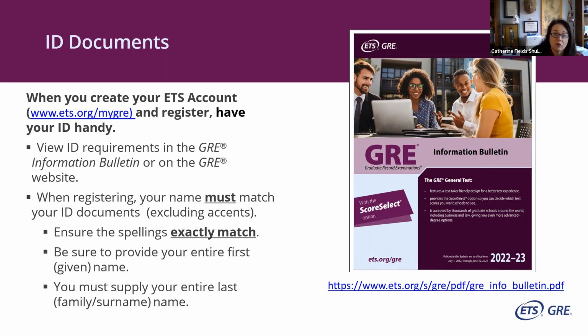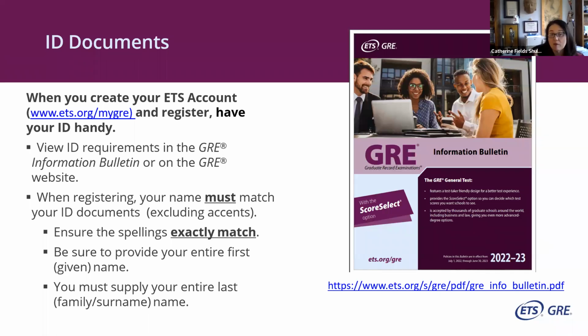It's very critical that what you have on your ID matches what you're going to put into your profile. I'll show you that in a second, but it does need to exactly match. Like for your first name, I have to put Catherine, I can't put Kat, I can't put Kathy.